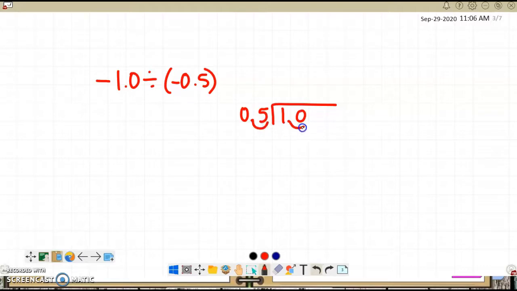Monkey see, monkey do. Move that decimal over on the inside and bring it to the top. Now I can divide like normal. 10 divided by 5. 5 will go into 10 2 times. And that leaves me with 0. I know that a negative divided by a negative is a positive. So my answer is 2.